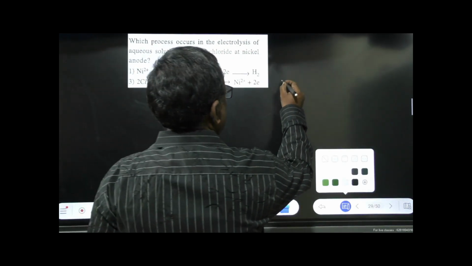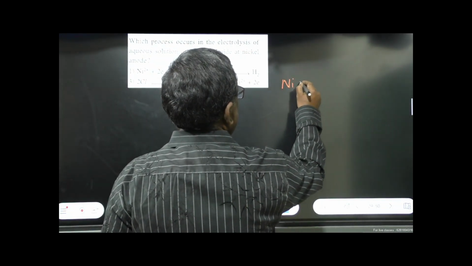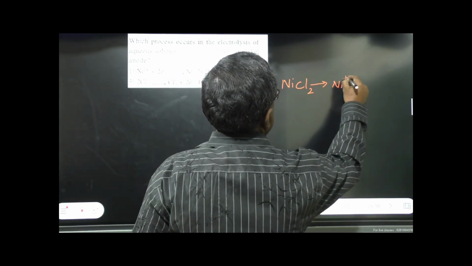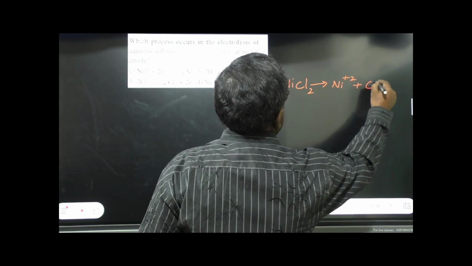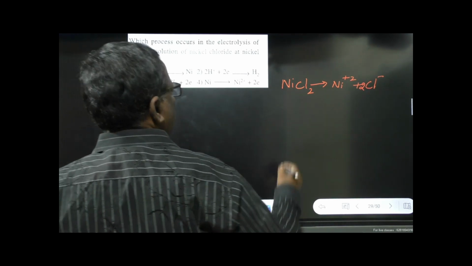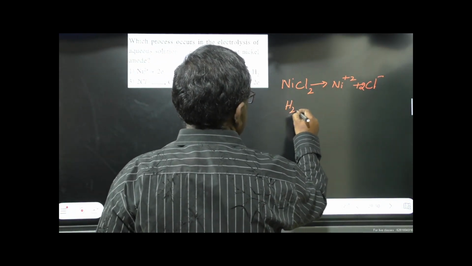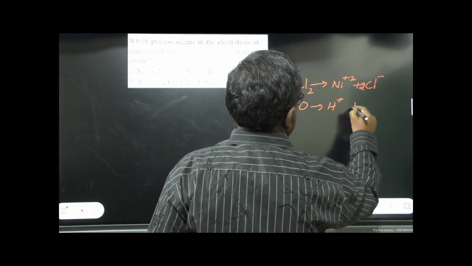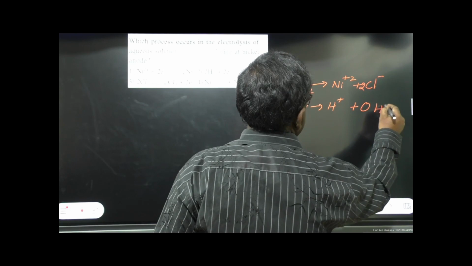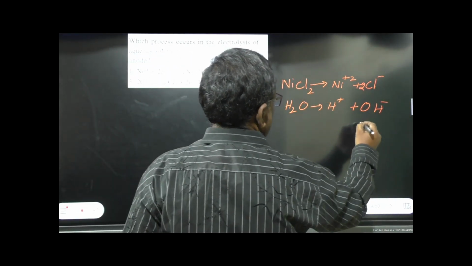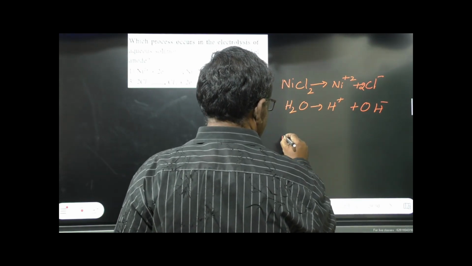So here the problem is nickel chloride. Nickel chloride ionizes to give nickel ions and Cl minus ions. In aqueous solution you have H2O, so H plus ions plus OH minus ions. Now here we are using nickel at the anode.